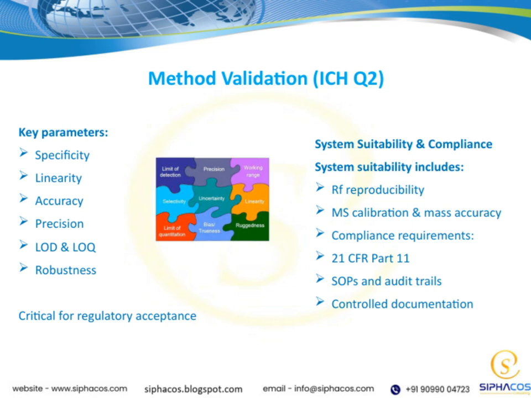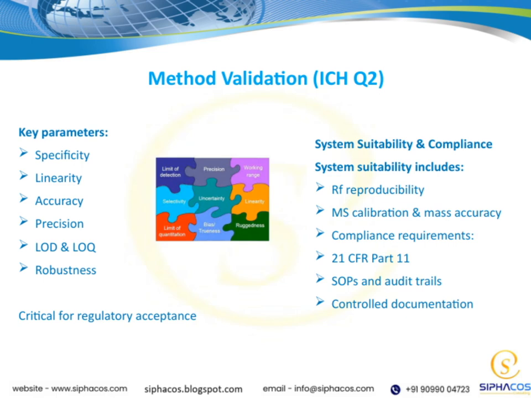On the compliance front, we're required to adhere to regulations like 21 CFR Part 11, which governs electronic records and signatures, ensuring data integrity. SOPs and audit trails are also essential. They provide documented procedures and traceability of all actions taken during analysis. Controlled documentation further supports this, making sure all records are accurate, complete, and compliant.